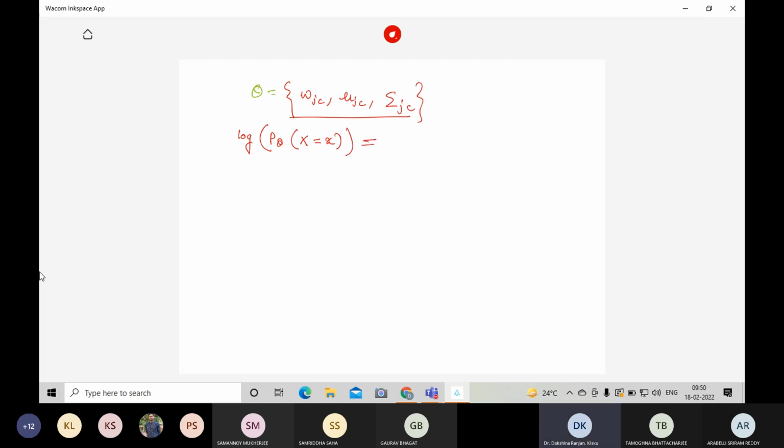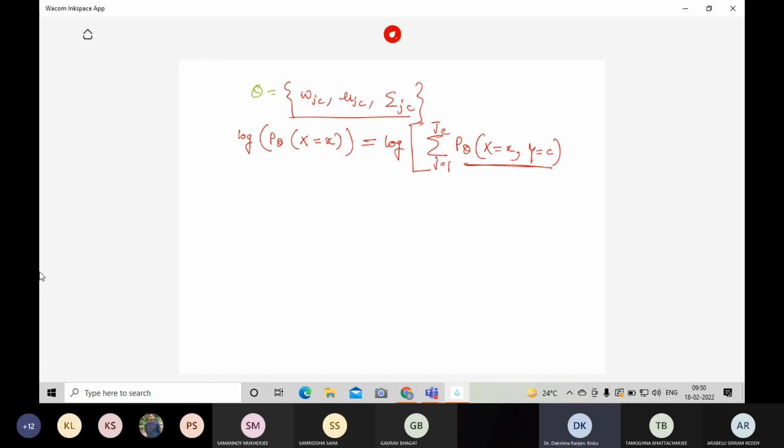So this is given by log of, now we will write summation over p theta, capital X equals to small x, comma, Y equals to c. So this is nothing but the joint distribution.